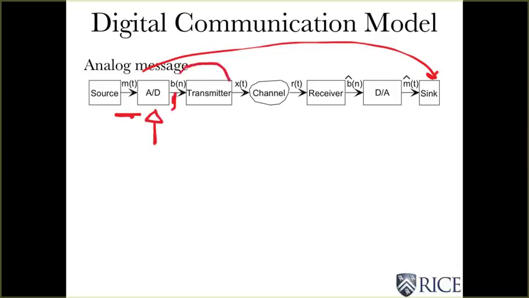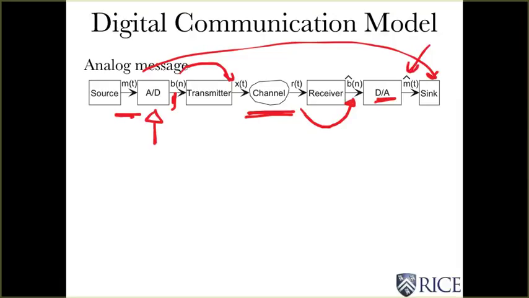Those bits have to somehow be related to an analog signal that can go through our analog channel, be it wireline or wireless. The receiver then will convert that analog signal back into a bit sequence, which then goes into our familiar D to A converter, to produce the message that was trying to be transmitted.